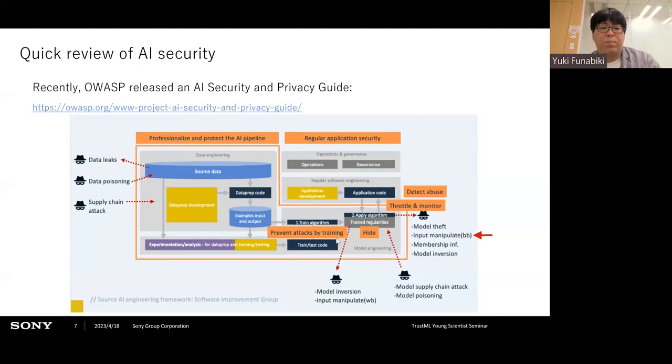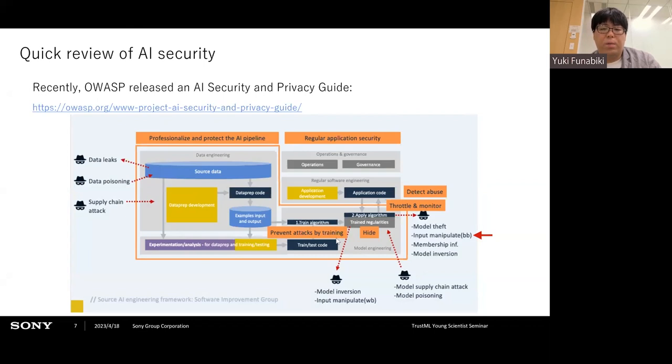OWASP is an open security community, and they have released very useful security guidelines and security tools. Now they have released the AI Security and Privacy Guide. This is the pipeline of an AI or machine learning model.